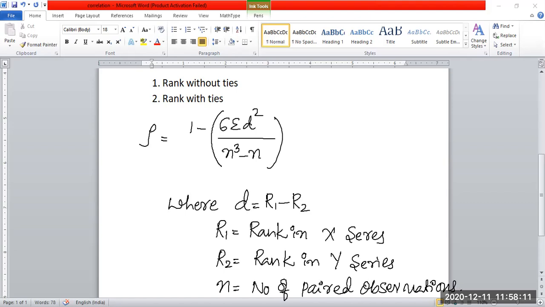So this is the rank correlation coefficient without ties.